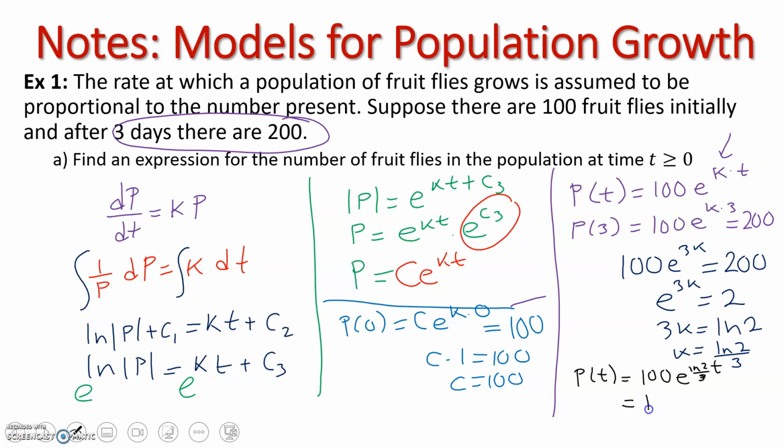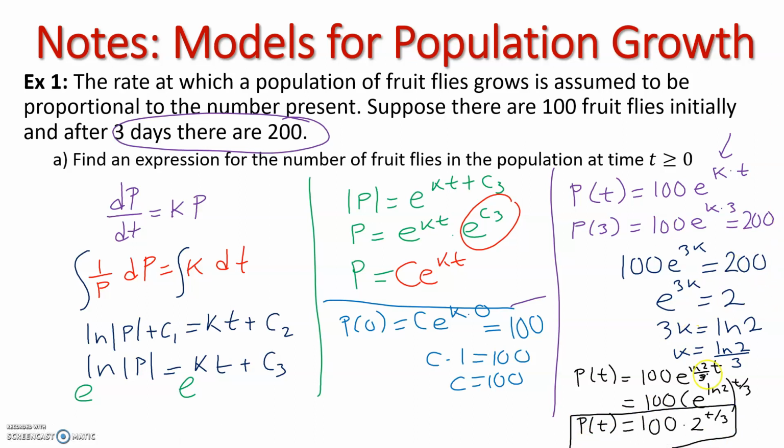So this is 100, and then we have e to the ln 2, and then t over 3. e to the ln of 2 is just 2, so we have 100 times 2 to the power of t over 3, and this models our population growth for our fruit flies.